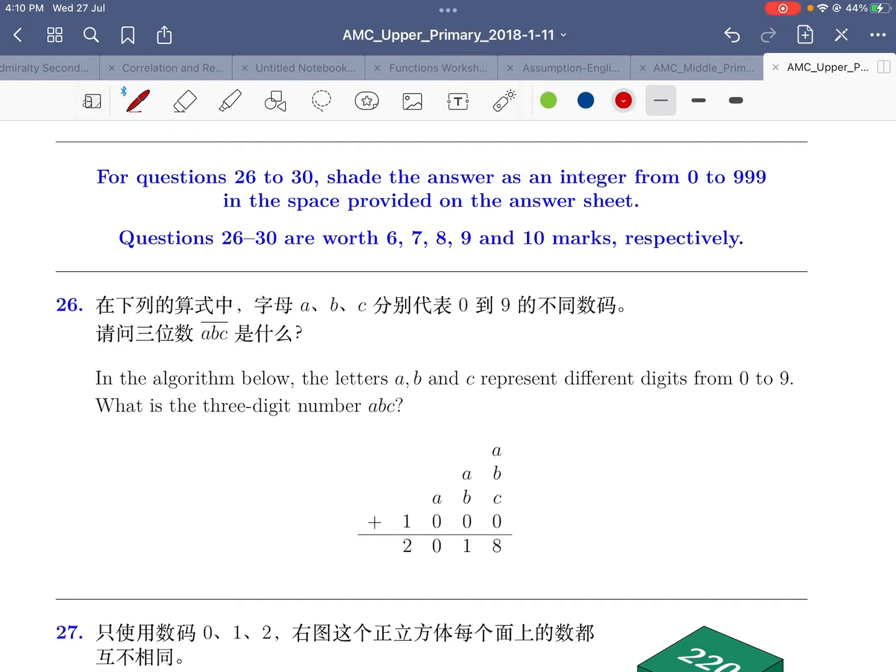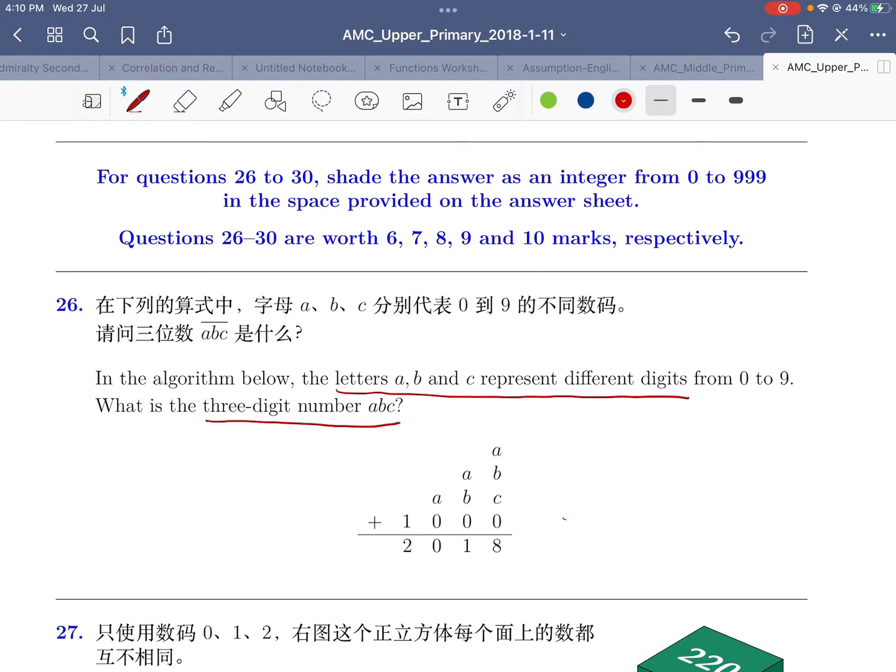What are some important keywords here? The letters A, B, and C represent different digits, all the way from 0 to 9. And what's our end goal? Our end goal is to find the 3-digit number ABC. So we are going to find out what A, B, and C are separately, and combine all of them together.